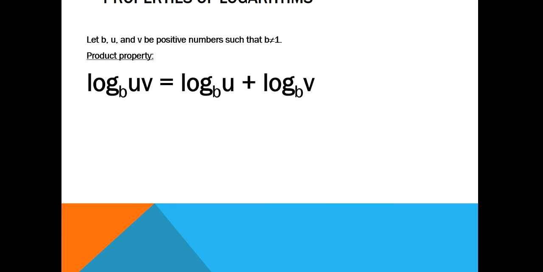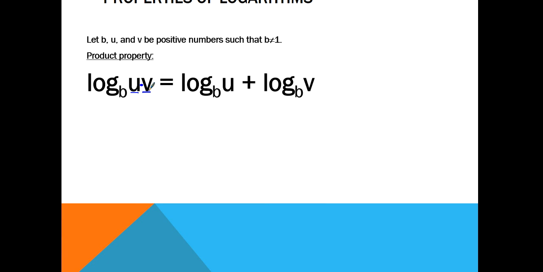The product property says that if I have two things, u and v, in mathematics u and v are basically substituted functions. Instead of writing f of x or g of x here, we can write u and v. So u and v are two things being multiplied together.